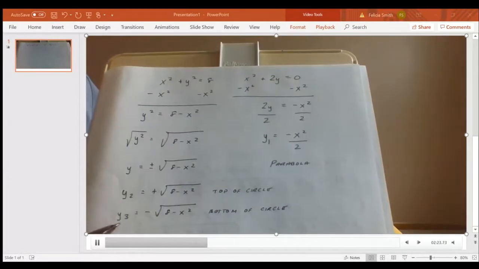For our y3 value, we're going to enter the negative version of the radical, and that's going to represent the bottom part of our circle. Let's go ahead and take these three equations and go to our graphing calculator so we can take a look at how to enter them.